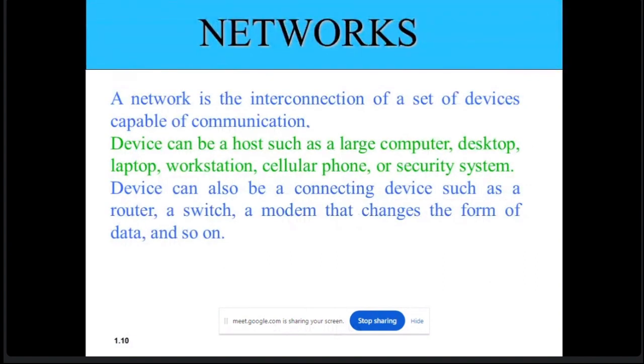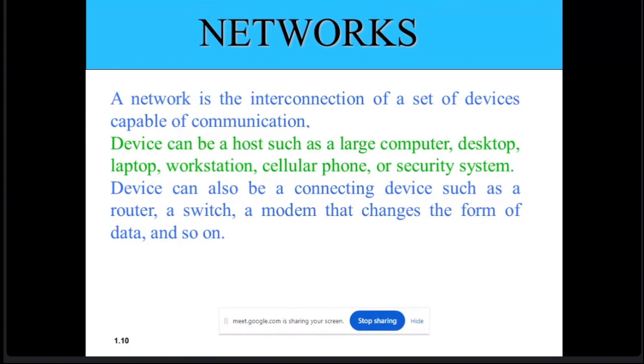Coming to the subject, networks. A network is said to be an interconnection of a set of devices which are capable of communication. A device is nothing but a node. By connecting several nodes and establishing several links, the network is developed. A node can be a computer, printer or any other device capable of sending or receiving data from one node to another.